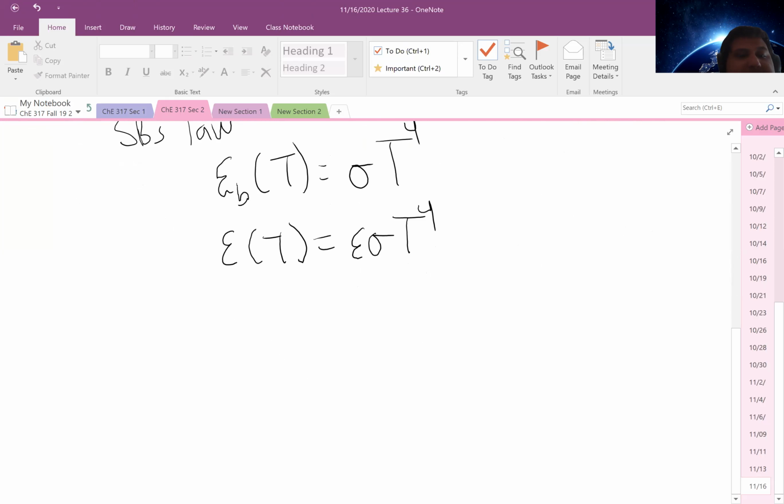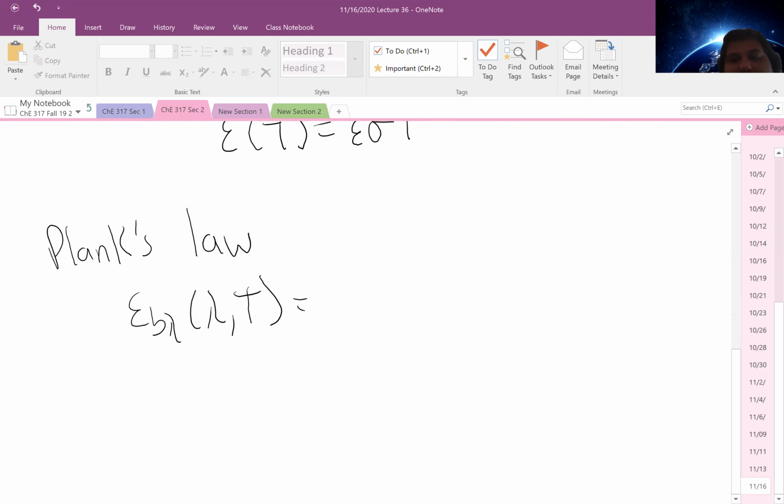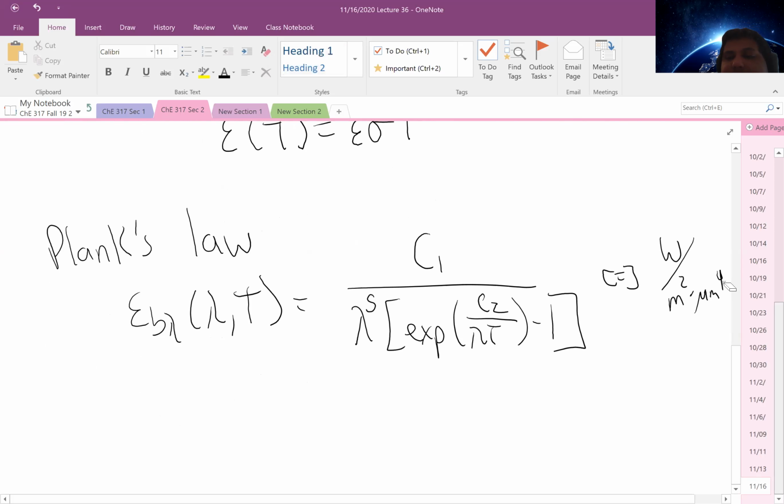spectral blackbody emissive power, which is from Planck's law, which stated, now we're interested in our emissive power as a function of both wavelength and temperature, where we found that expression of C1 over lambda to the fifth times the exponent of C2 over lambda T minus 1, with units of watts per meter squared micron.